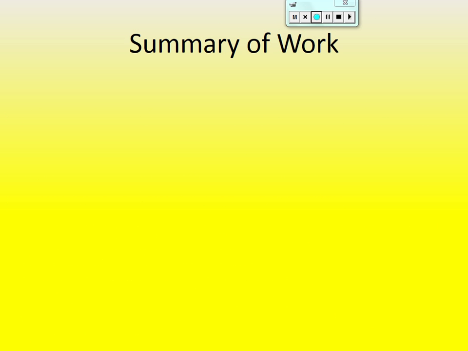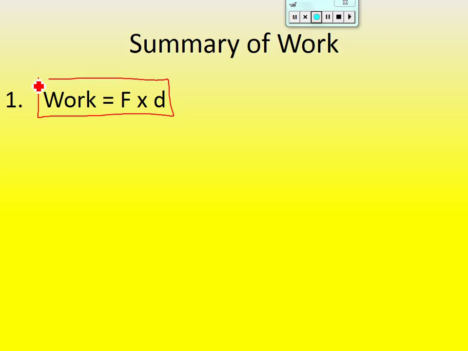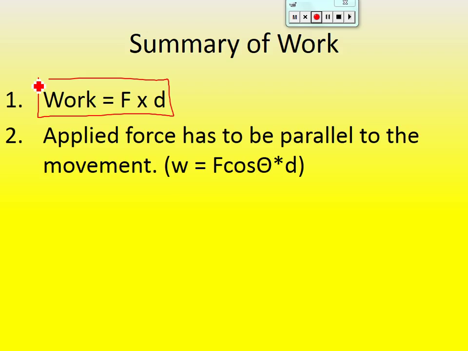All right, let's summarize what we've talked about in this lesson. Number one, work can be calculated by this equation here. Work is equal to a force times a distance. Number two, the applied force has to be parallel to the movement of the object.